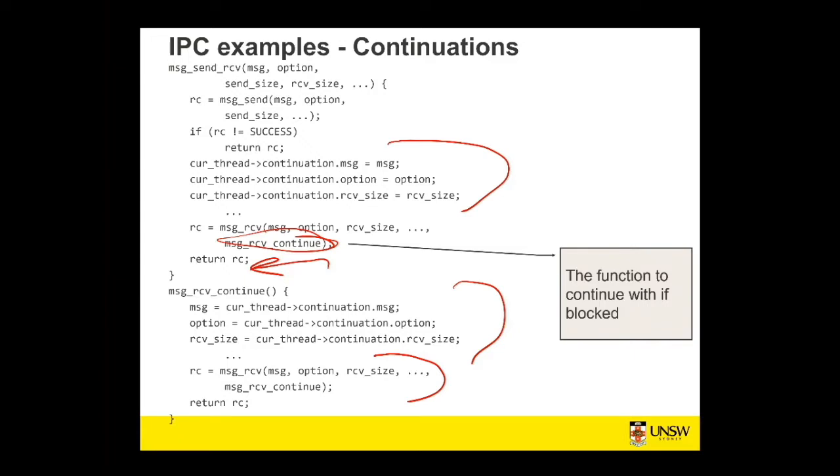And if that send identifies that, yes, this is the particular target for that particular send, then it can invoke message continue, and it basically pulls the state out and does the receive for the original request. Okay? So you can see that with this model, you as the programmer are forced to think about the state that's required in the future, identify it, and store it somewhere where you can get it back in the future.